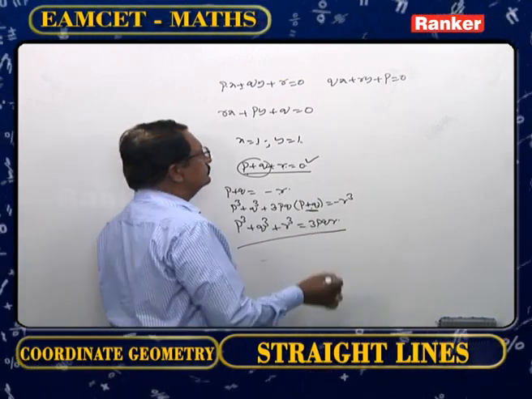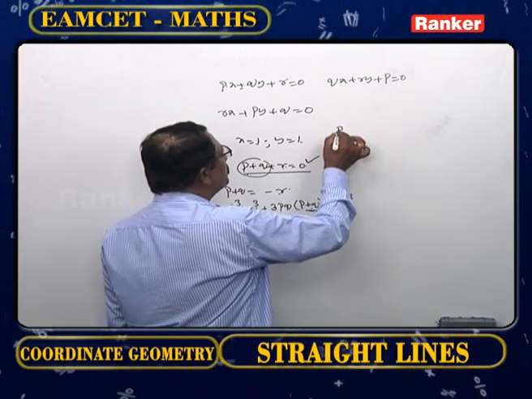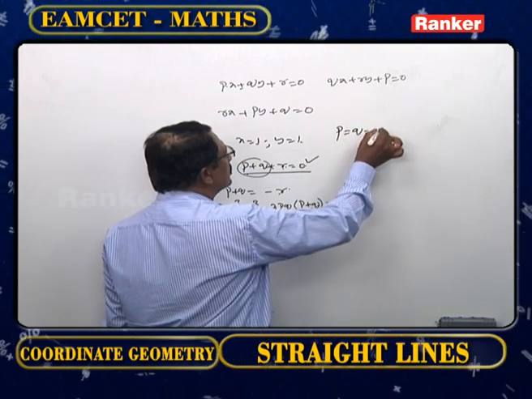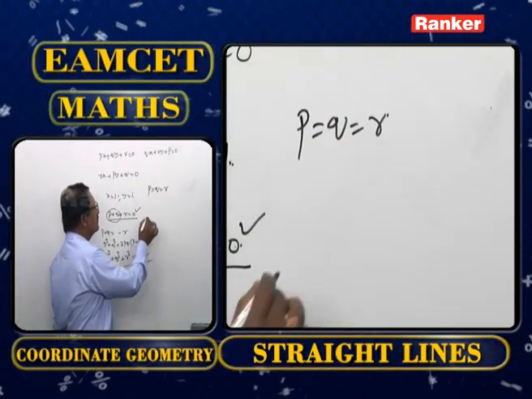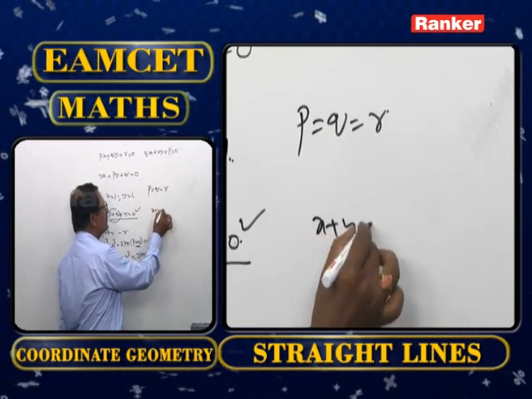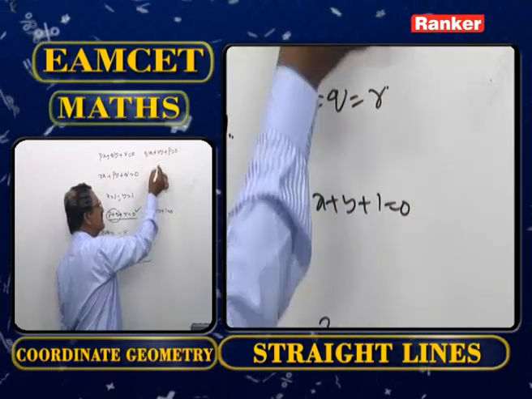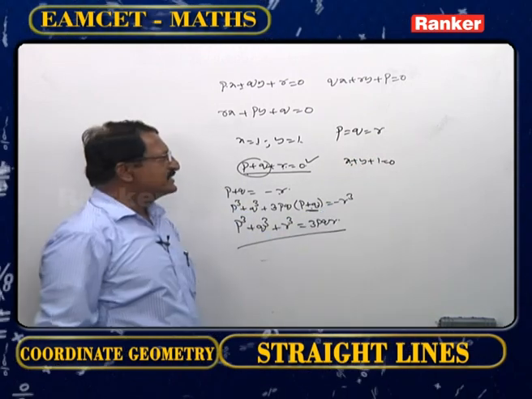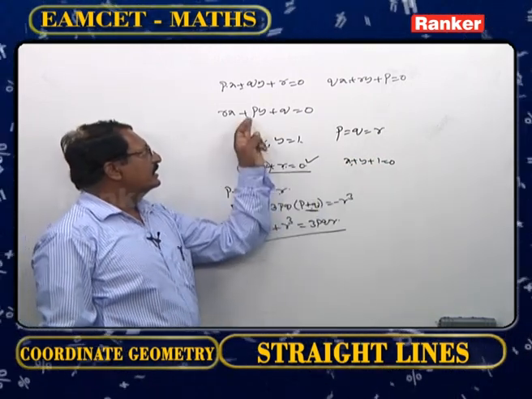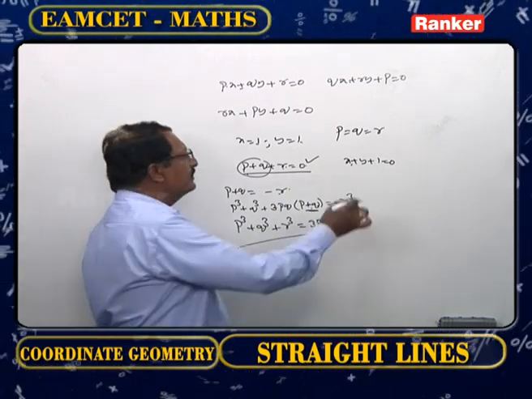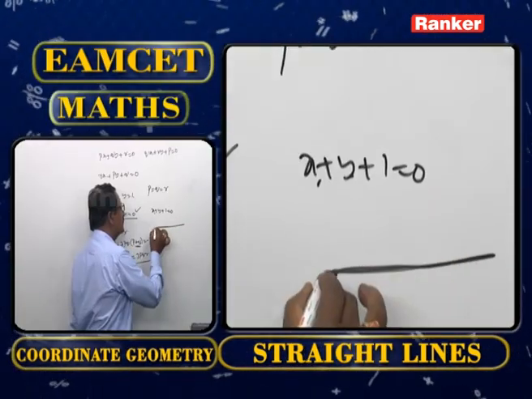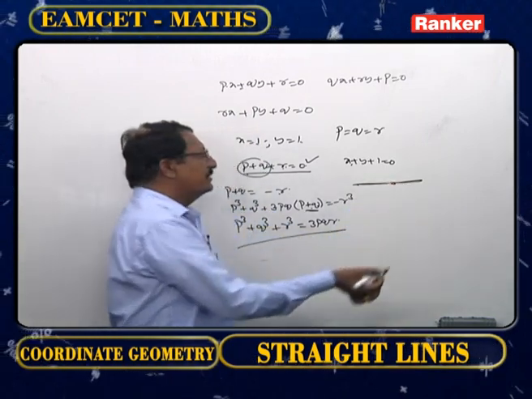Suppose P equals Q equals R, now the first equation becomes x plus y plus 1 equals 0. Similarly, the second equation also x plus y plus 1 equals 0. Third equation also x plus y plus 1 equals 0. Now in that case, the three lines are coincident lines, or concurrent may be.